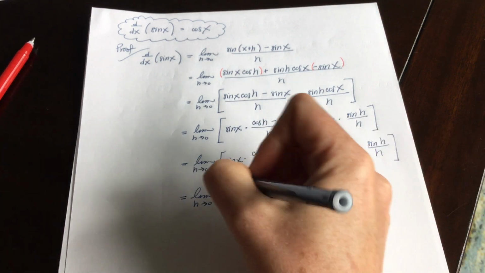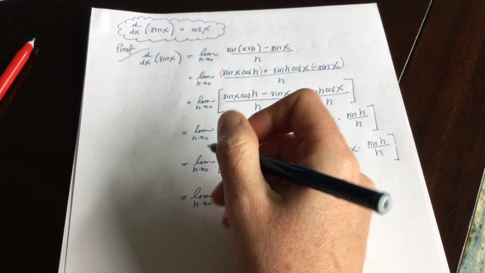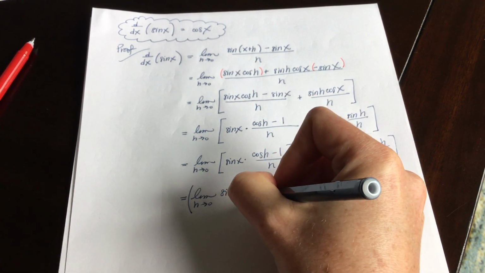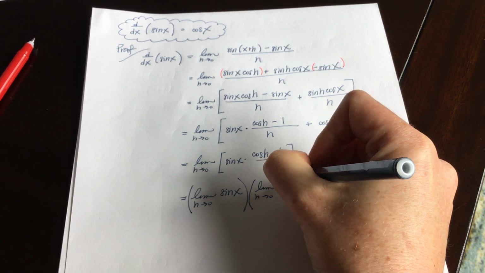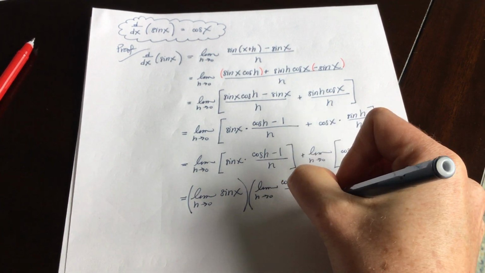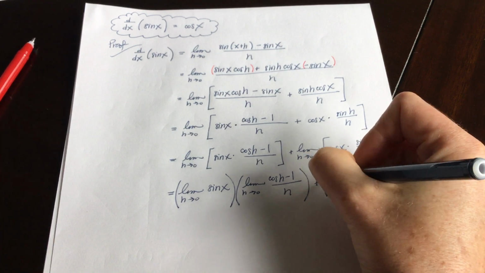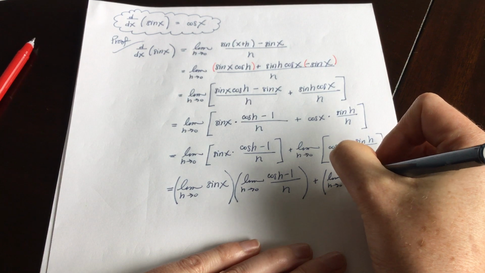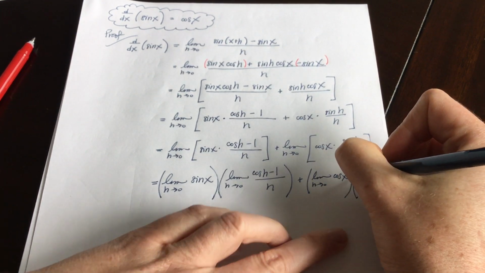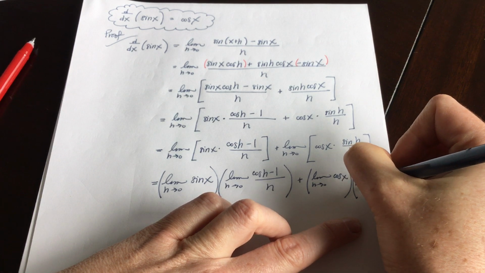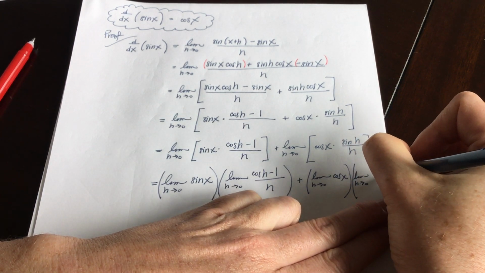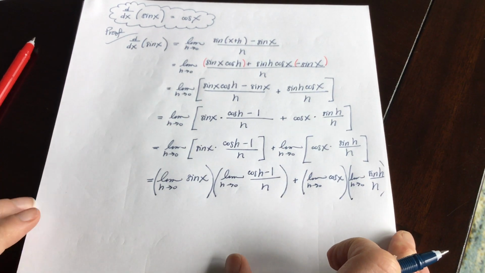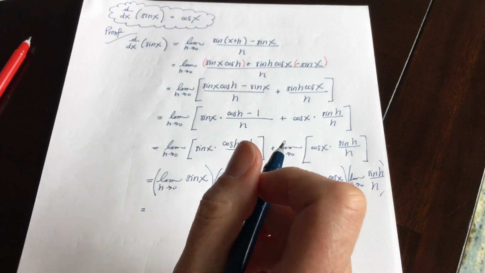So we'd have the limit as h goes to 0 of sine of x times the limit as h goes to 0 of cosine of h minus 1 over h, plus the limit as h goes to 0 of cosine of x times the limit as h goes to 0 of sine of h over h. There we go.